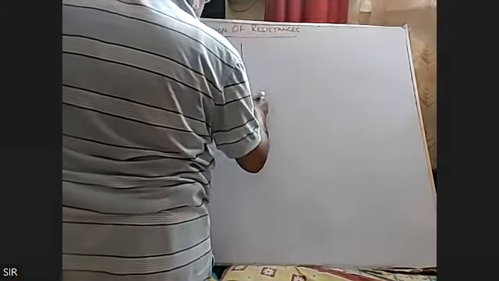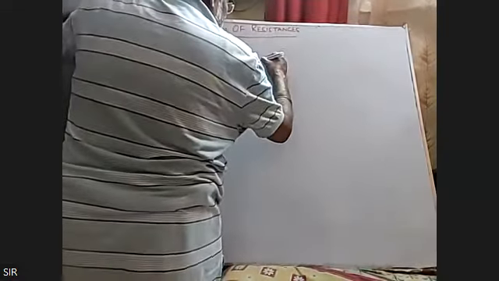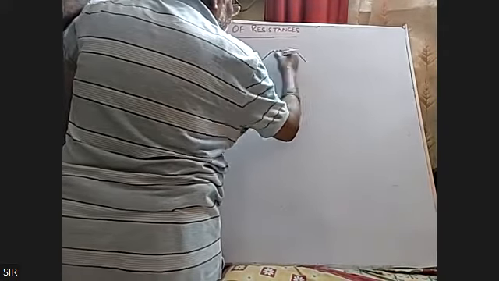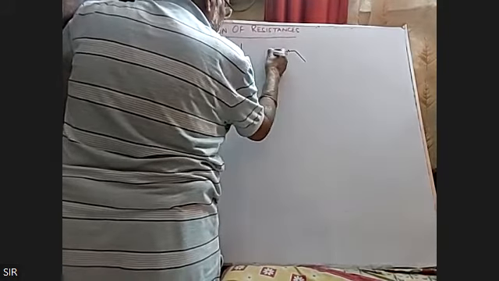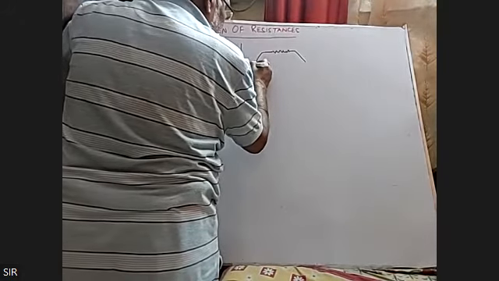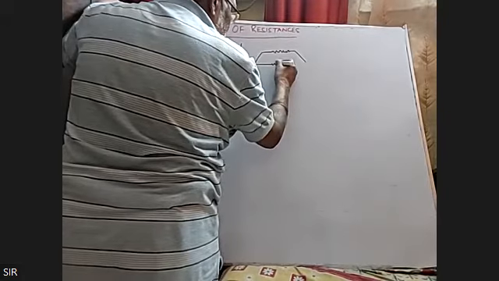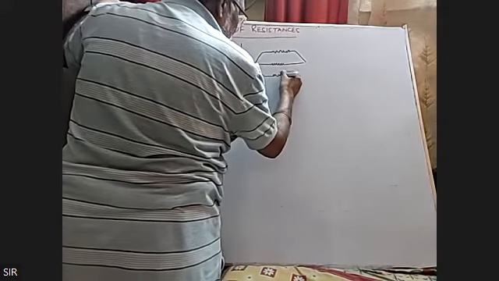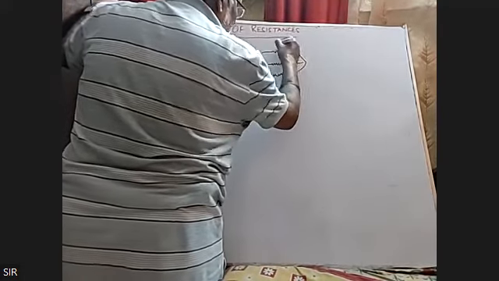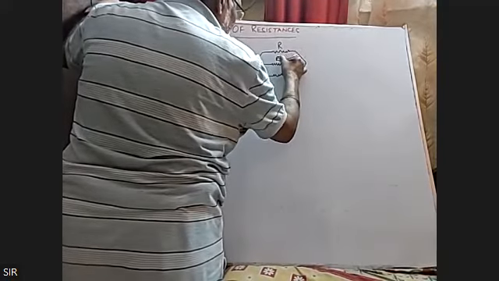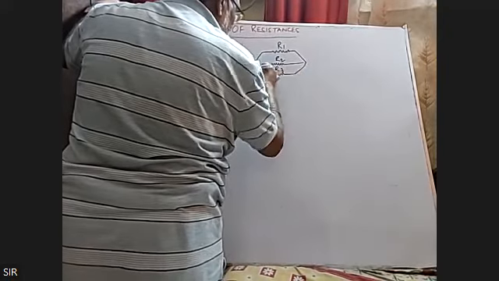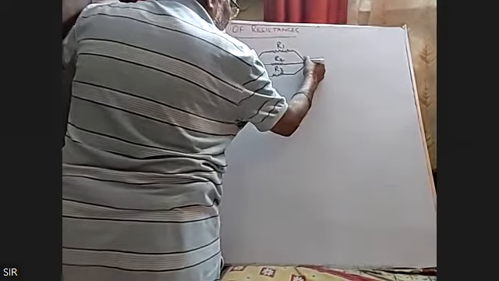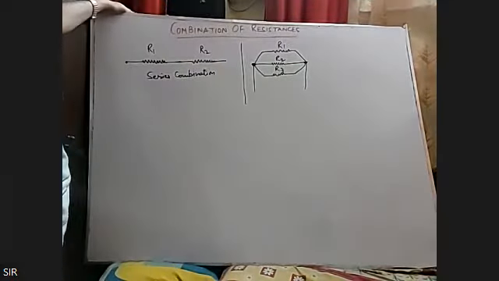Second is parallel combination where all resistances, suppose this is R1, this is R2 and this is R3, all tails connected together, all heads connected together. Clear? Is this clear?